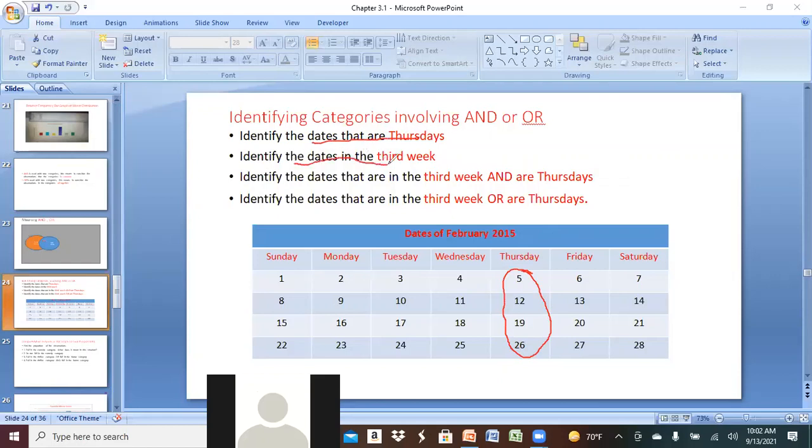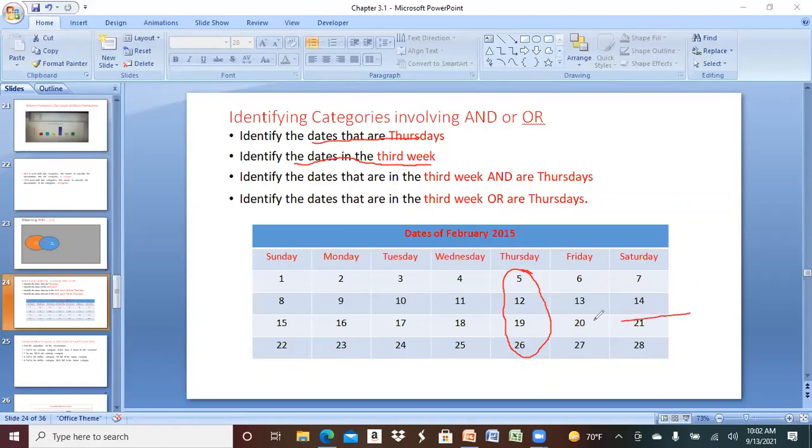The days of the third week: 1, 2, 3. The third week, right? And identify the day third week and Thursday. This means only 19, right? This is third week and Thursday. This is 19.